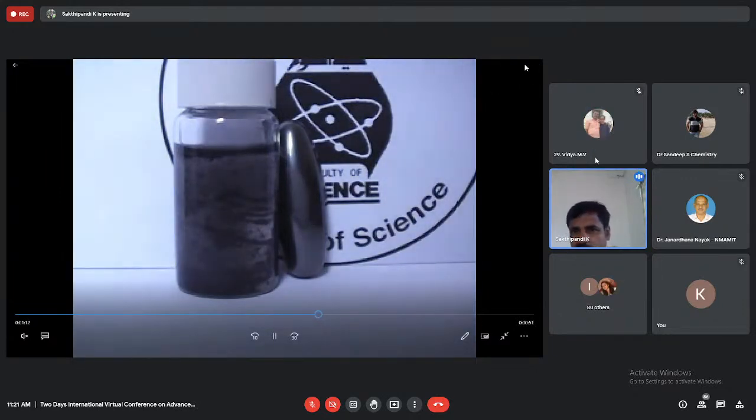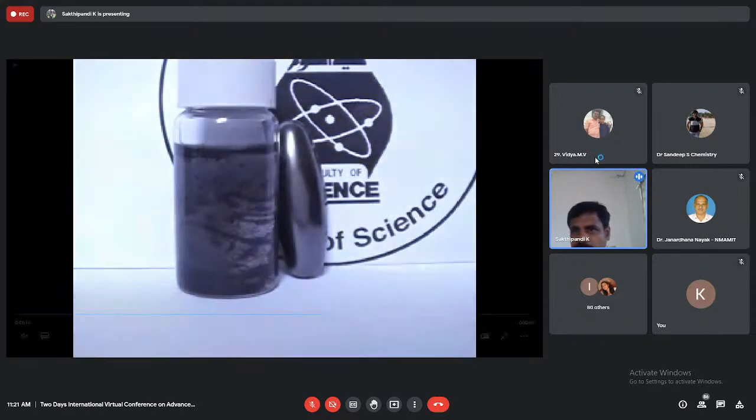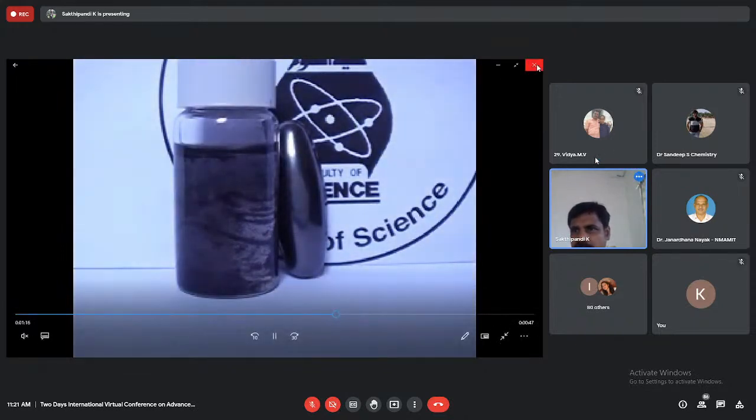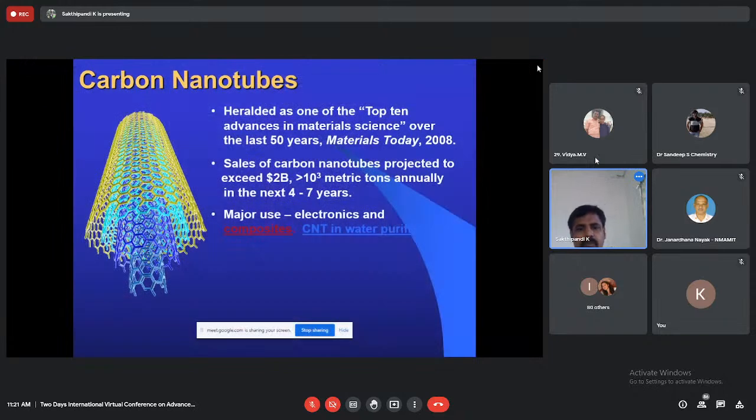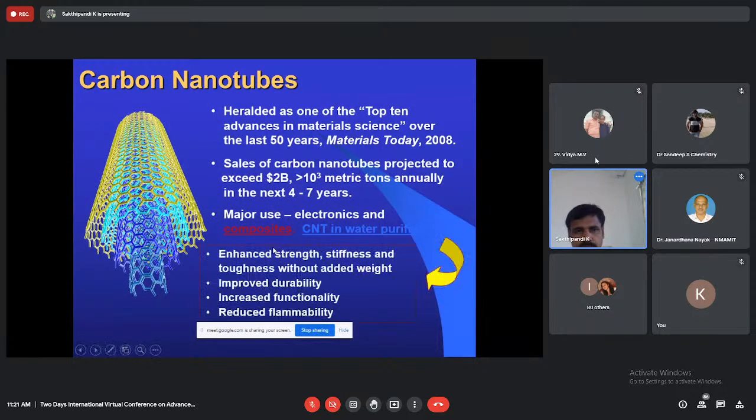This product was developed by our atomic energy department. The carbon nanotubes are used to enhance the strength and stiffness, improve the durability, increase the functionality and reduce the flammability. So the carbon nanotubes are directly mixed with the cement.